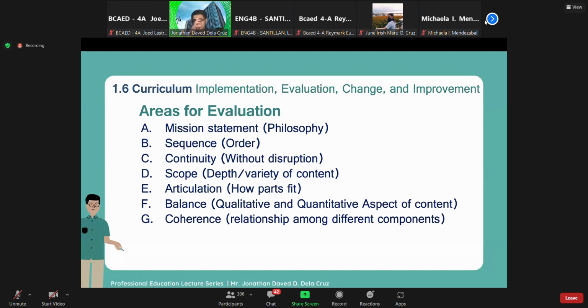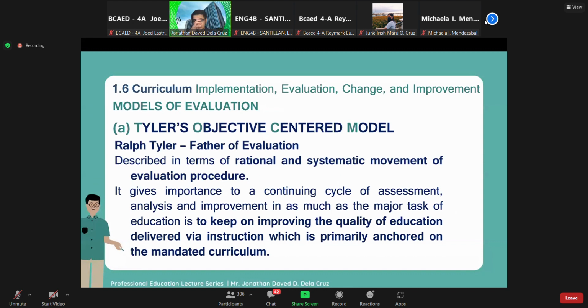No? Okay. Now, there are different models of evaluation, pero hindi ko na po i-discuss lahat, no? Namili lang din po ako ulit. Quick discussions lang ito. We have the Tyler's objective-centered model. We know that Ralph Tyler is the father of evaluation, described in terms of rational and systematic movement of evaluation procedure.